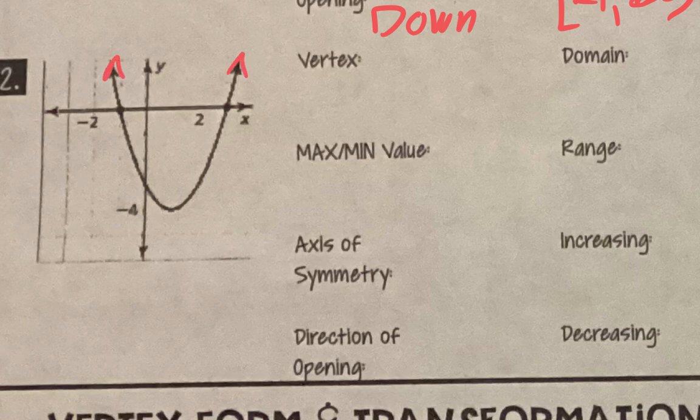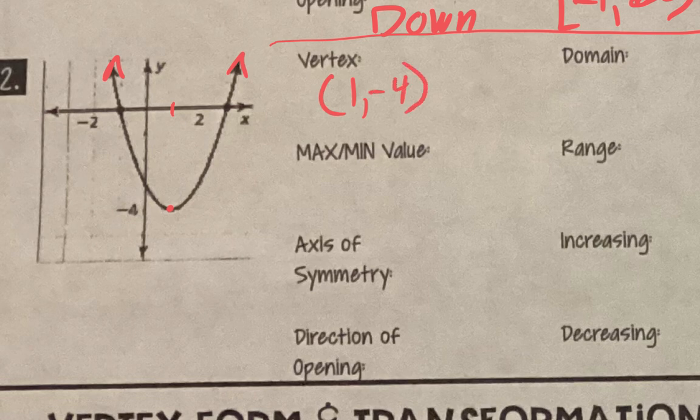That's problem number 1. So what is my vertex? In this particular case, it is my lowest value. Looks like I am at about a 1 and a -4. So my vertex is (1, -4).